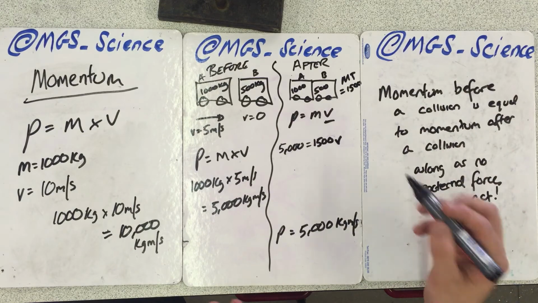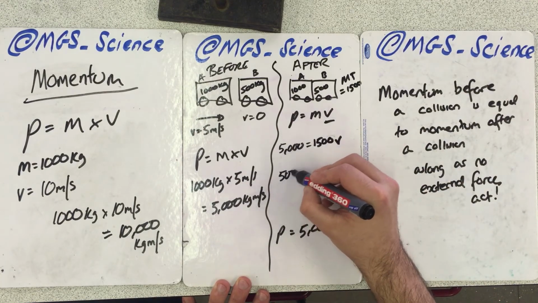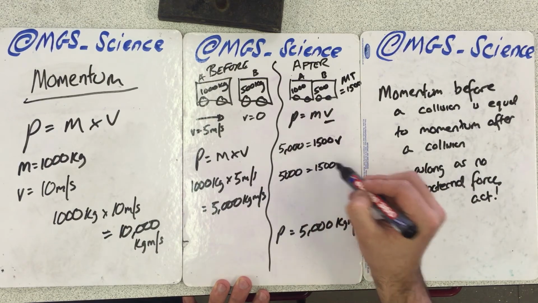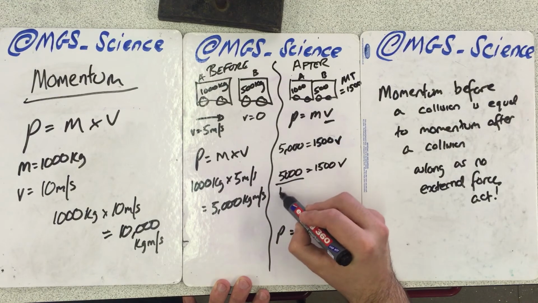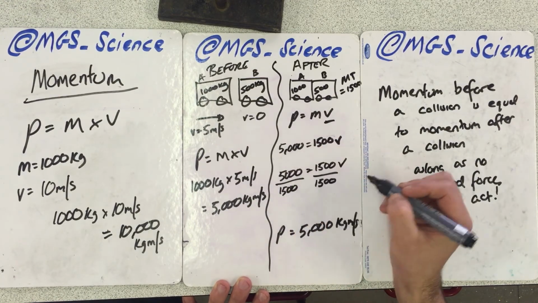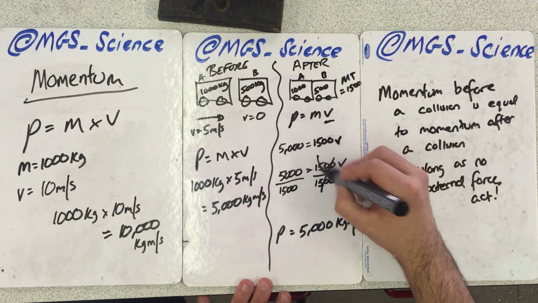Now, if we want to rearrange this equation and make v the subject, we can write it out again: v equals 5,000 divided by 1,500, and divide this side by 1,500. So anything divided by itself is equal to 1, therefore those cancel out.